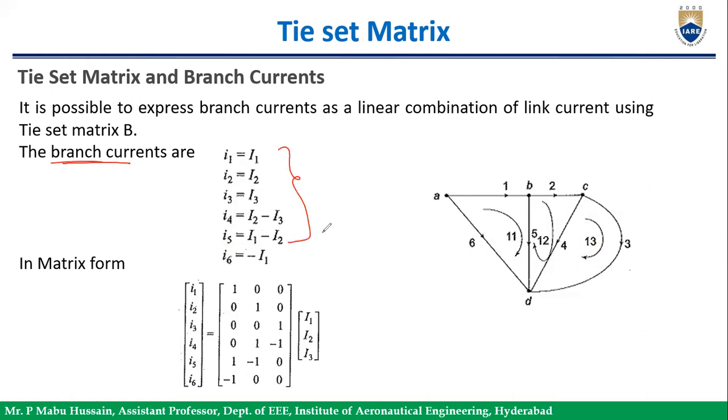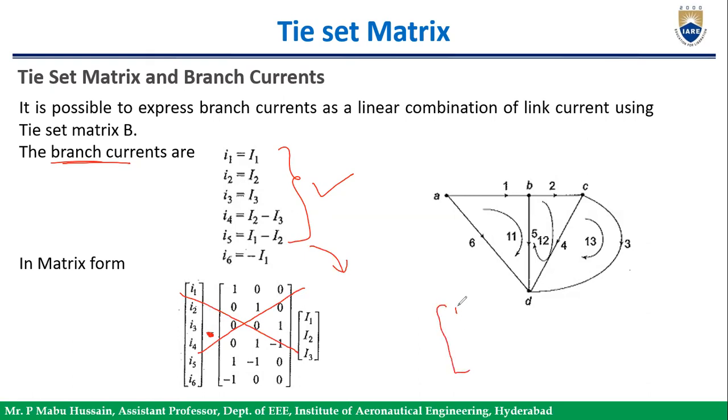Loop currents, you can also call them link currents. This capital I1, capital I2, capital I3 are the link currents. Now all these you can represent in matrix form. How can you represent this in matrix form?